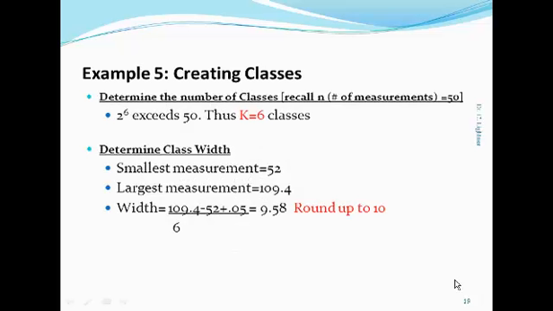In step 1, you should have used Bowerman's rule to determine that k equals 6 classes should be used to summarize our n equals 50 data values.